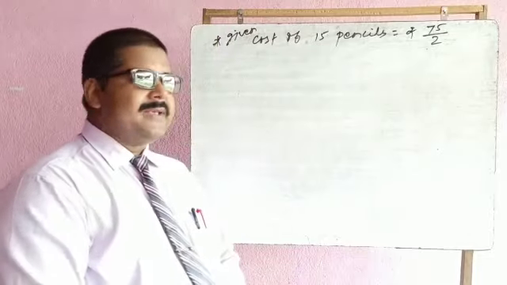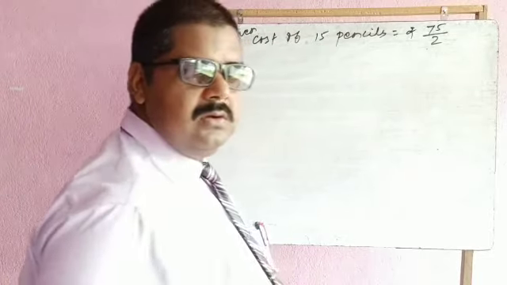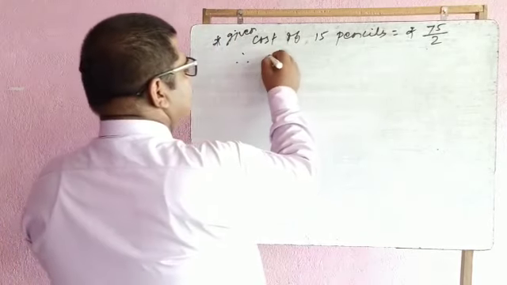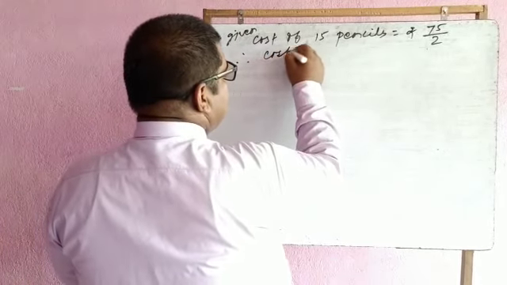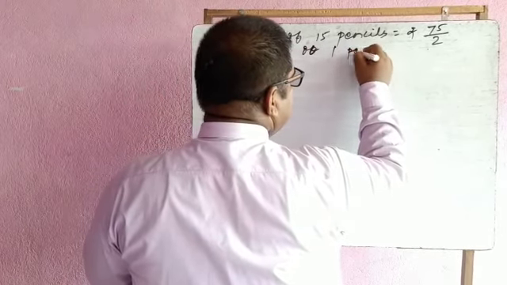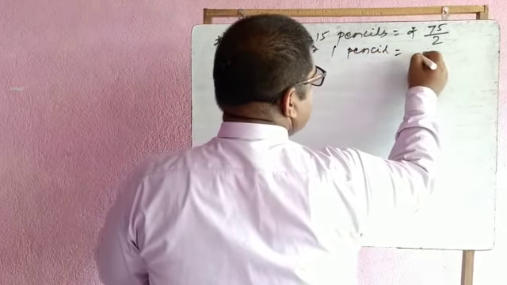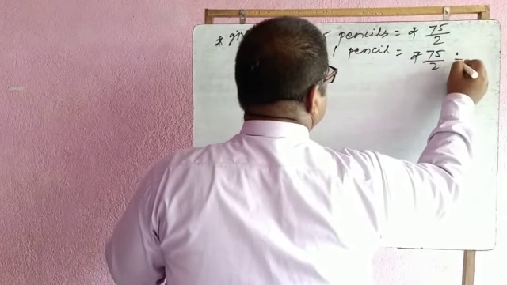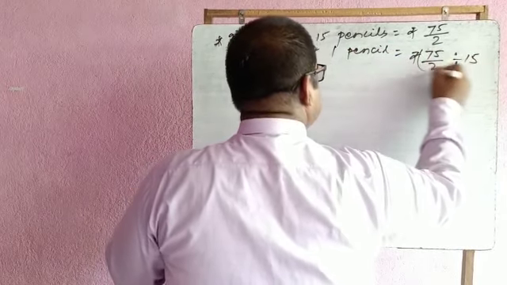The cost of 15 pencils is equal to rupees 75 upon 2. Therefore, in this question you need to find the cost of one pencil, which is equal to rupees 75 upon 2 divided by 15.